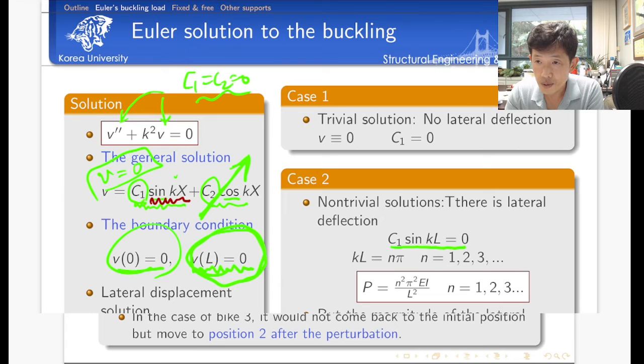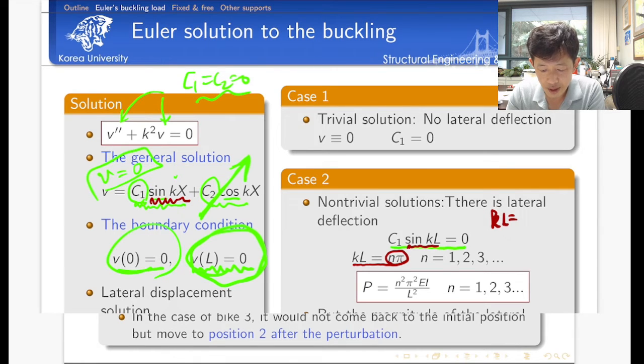Because this is a sine function, how can we make sine kL equal to 0? If kL is equal to an integer times pi, then it is equal to 0. We don't determine the value of this integer; n can be 1, 2, 3, any number is okay.